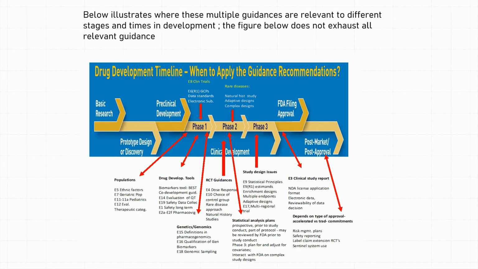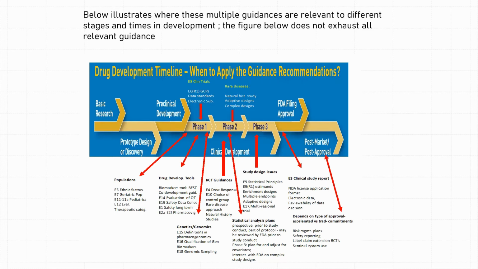But this particular schematic is intended to provide you with a sense of where in the whole development process these guidances come into play, because they're important for the whole drug development team to be aware of how the different guidances interrelate with each other.